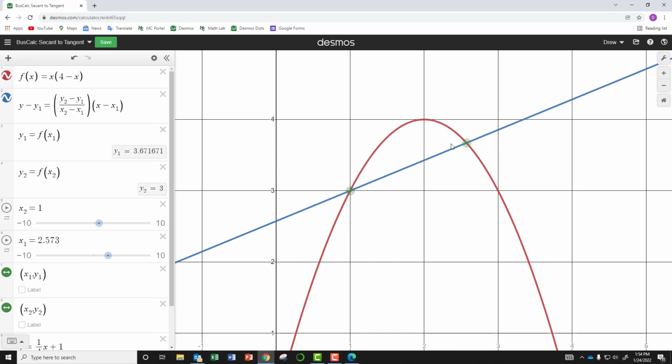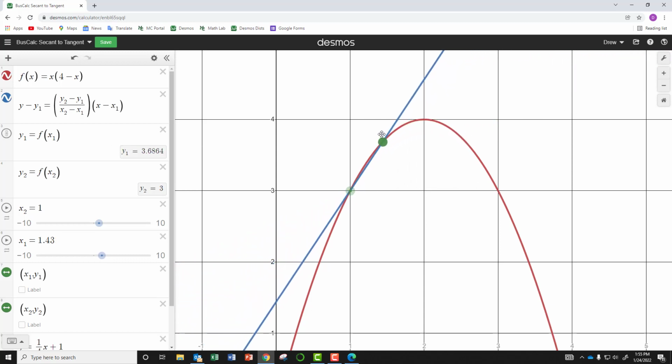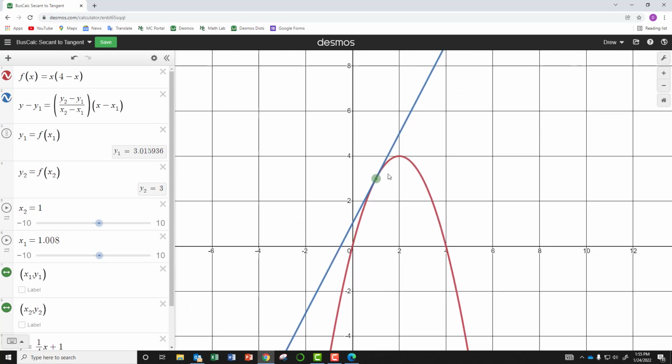So right now, the way I have 2 separate points and a line passing through those points, that makes this line secant to the curve. But as I get these points closer and closer together, the limit, as these points are getting extremely close to one another, is going to give me the tangent line here.